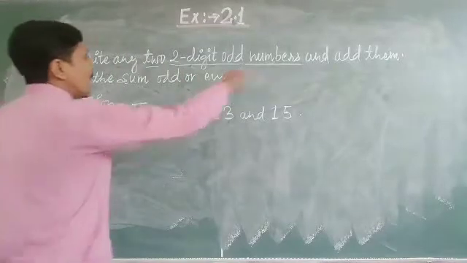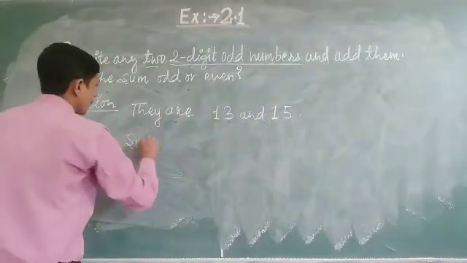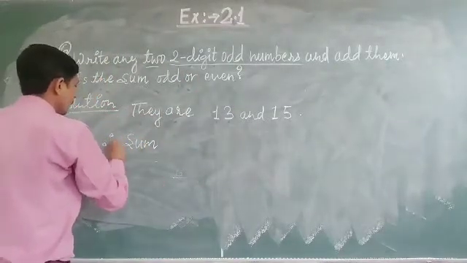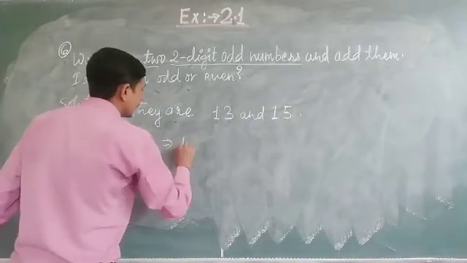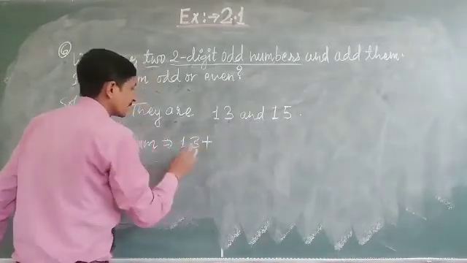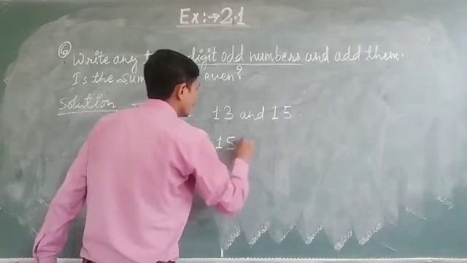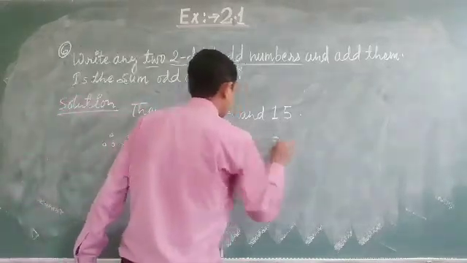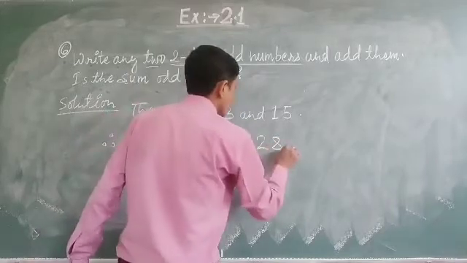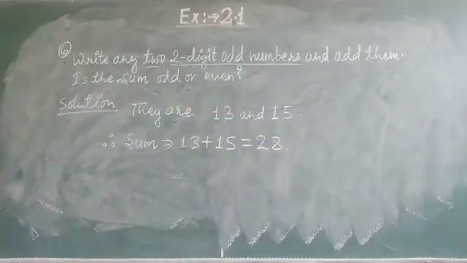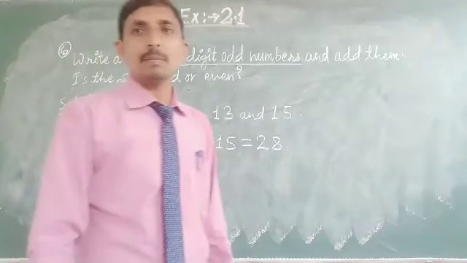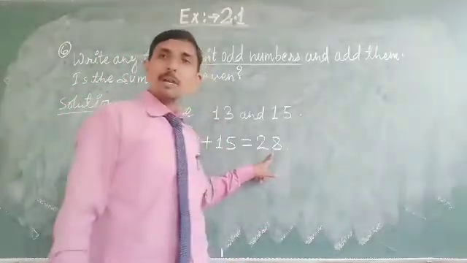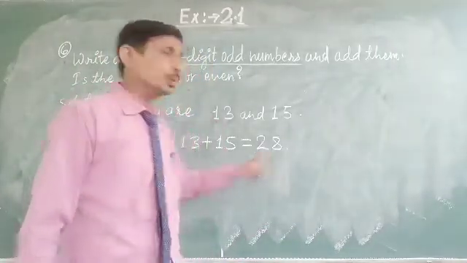Now what do we have to do? Add them. Now therefore sum equals 13 plus 15. When we add both of them we get 5 plus 3, 8, 1 plus 1, 2, and we get the result 28. We all know 28 is an even number, because it is completely divisible by 2.